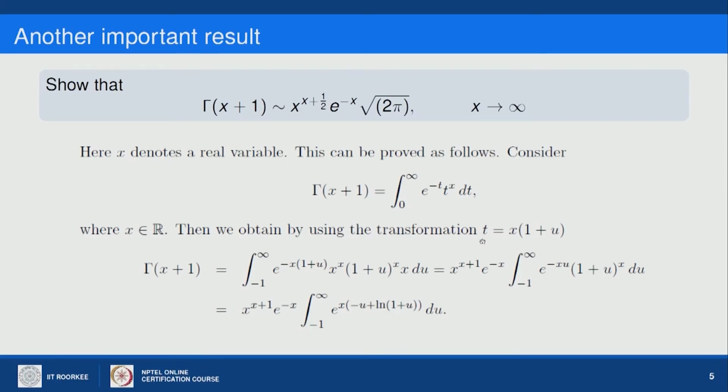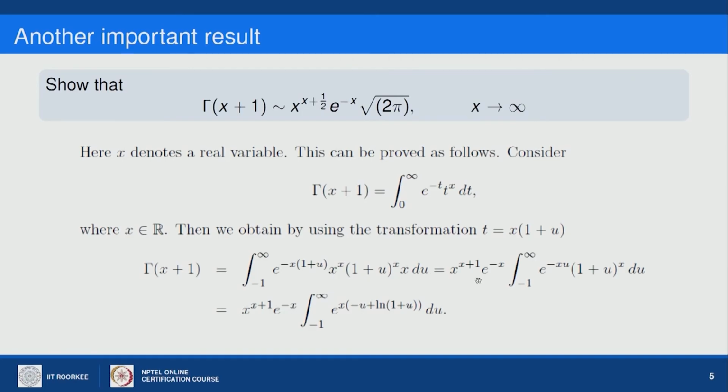So, after this particular transformation or substitution, this integral becomes in this form. Now, as you know, this integral is on variable u, so I can take the terms involving x out. I have taken x raised to power x from here, and x from here.